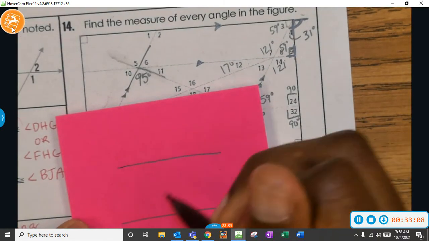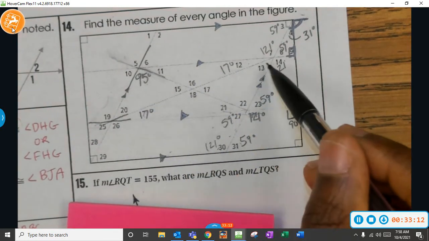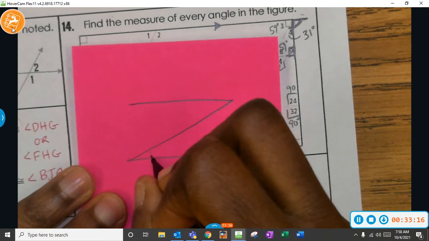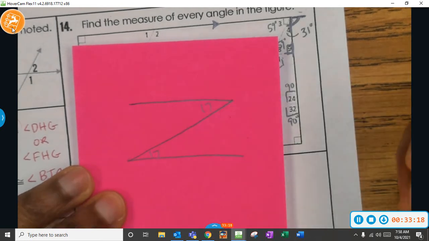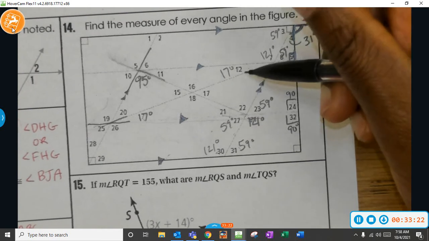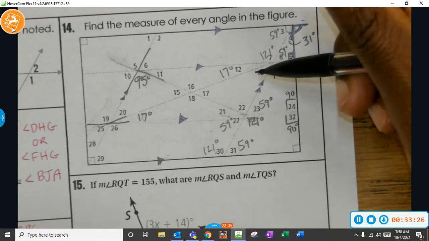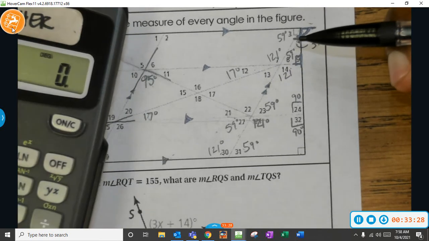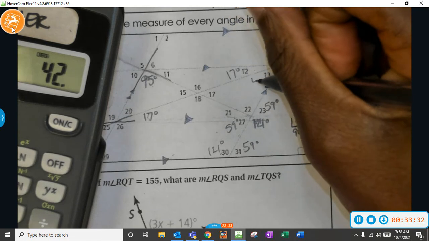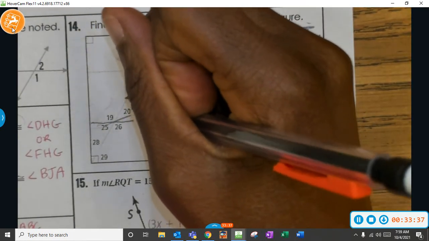Looking at this transversal, this is the Z that I'm outlining here. This was 17, so this is alternate interior 17. So these are both 17. And now we know this whole thing had to be 59, these two together. So 59 minus 17 would get us 42 for 13, and 42 for 20.